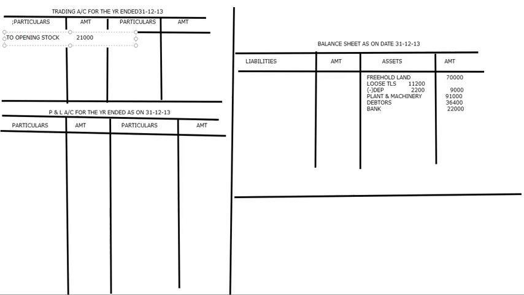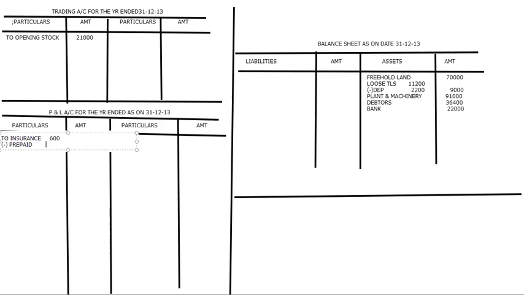Then after opening stock he gave insurance. I said insurance is a part of the P&L. Now for insurance we have an adjustment, so that's why I'll write insurance. The amount he gave is 600, and he said there was a prepaid, so prepaid always acts as minus.